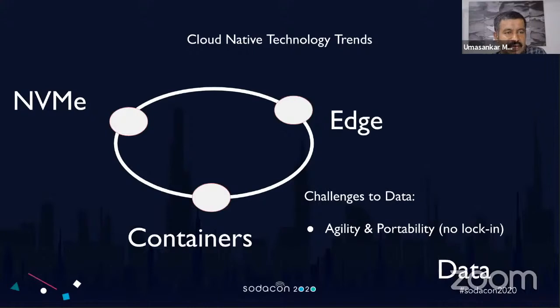So the main challenge that we foresee is the challenge of provisioning and keeping them provisioned. That is called agility. The other one is portability, right? So your app may be running on one small data center off the edge, but it may need to be moved to the other. So how do you make sure that your application actually moves along with the data, right?